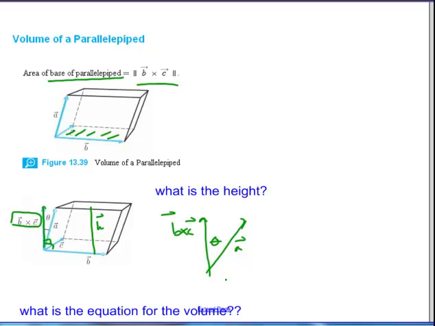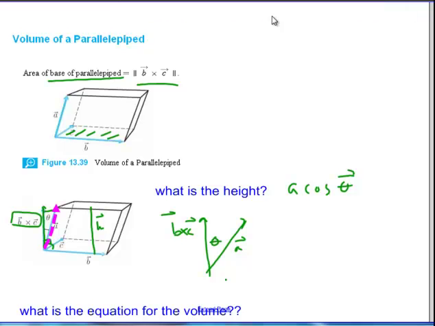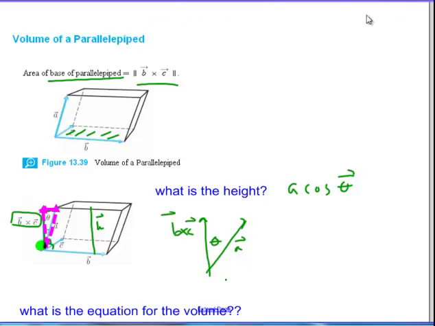The height is A cosine theta. Because if we draw this right triangle here, A cosine theta is exactly this height right here.